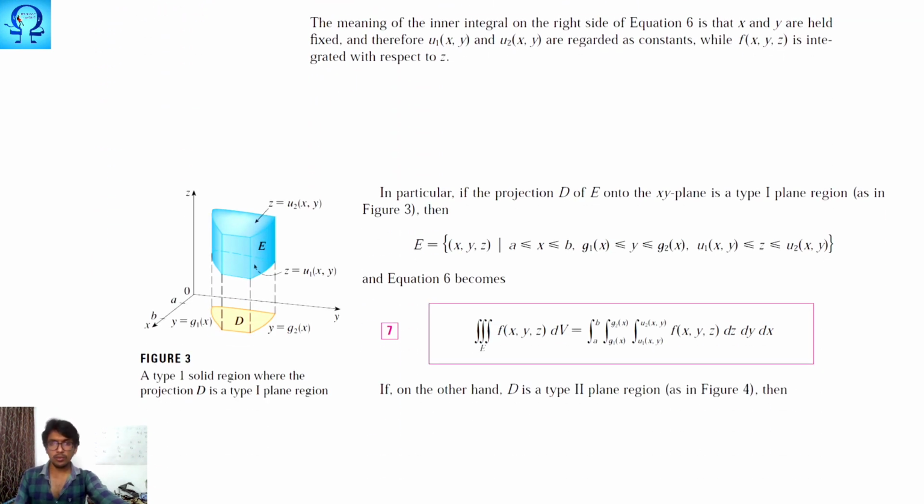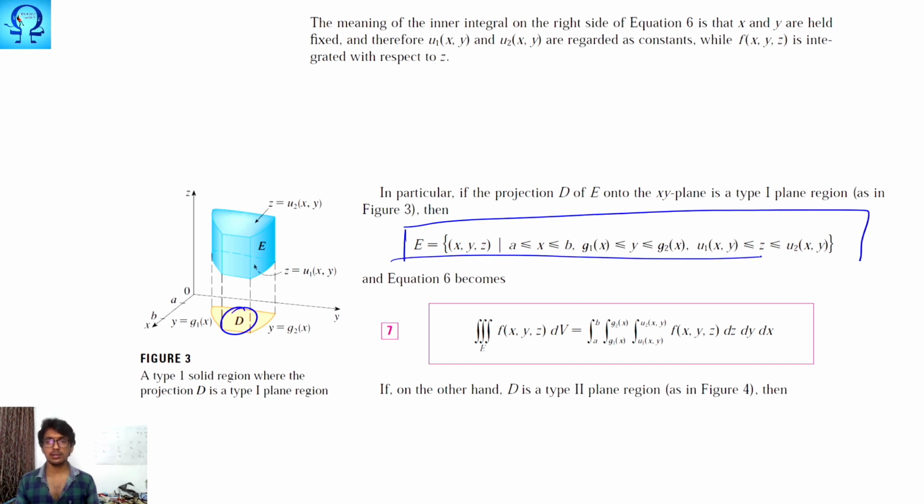Okay, so now let us pay attention to our region D. If this is some type 1, then our entire region would look like this. I have told you that we will have to project that object into the xy plane. When you see something in the xy plane, your z coordinate is going to be 0.